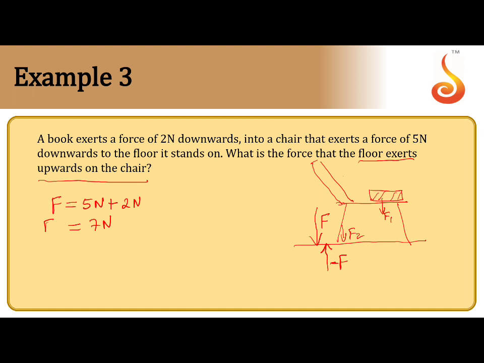This is the force exerted by the chair and the book together. The force exerted by the floor on the chair will be the same value in the upward direction. You don't have to specify minus sign here because you are using the term upwards to indicate the direction.